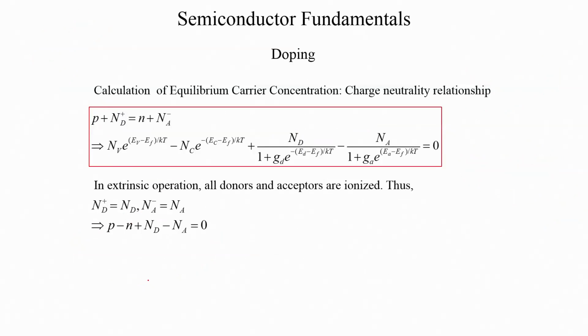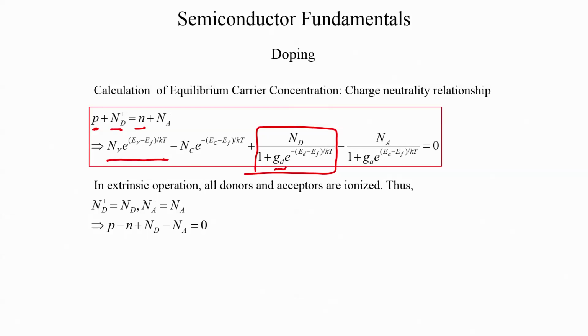So, now we are all set to write a complete charge balance equation. What is P? P is equal to Nv e to the power Ev minus Ef by kT, we have already discussed that. Nd plus is your Nd times 1 by Gd e to the power Ed minus Ef by kT, where Gd is the correction factor.